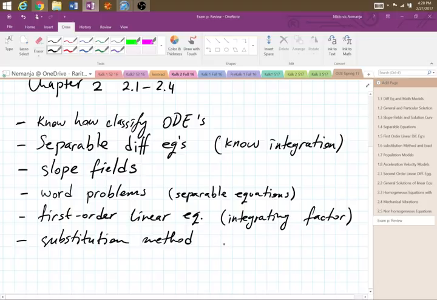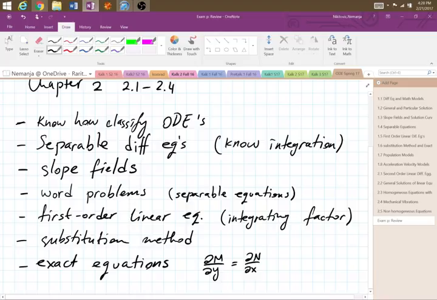Now that one is important, okay? So exact equations is the one that is important. That's with partial derivatives. If you remember, partial M partial y is equal to partial N partial x, and then it's the same thing like the potential function from your calculus 3.